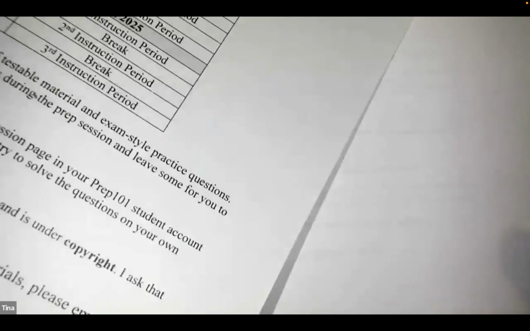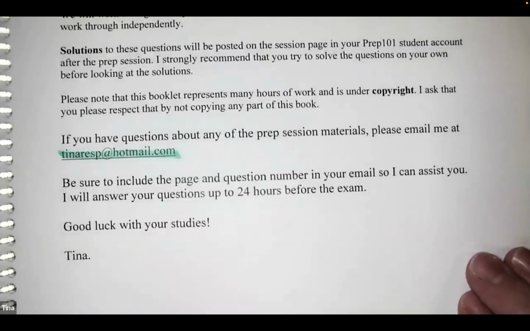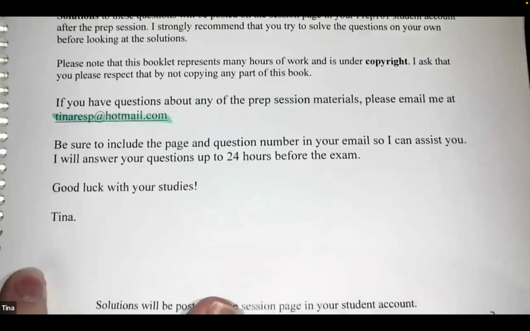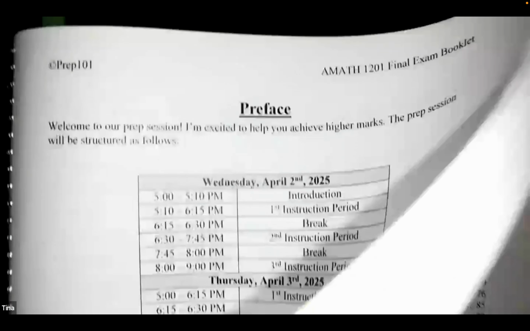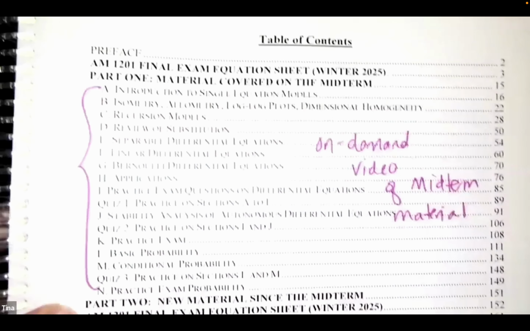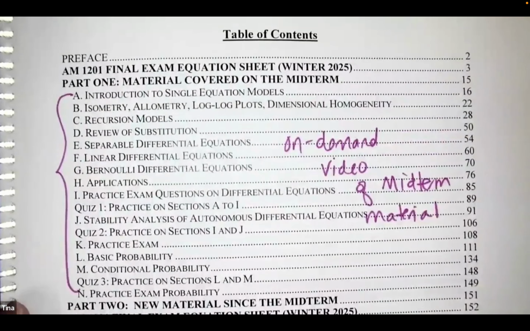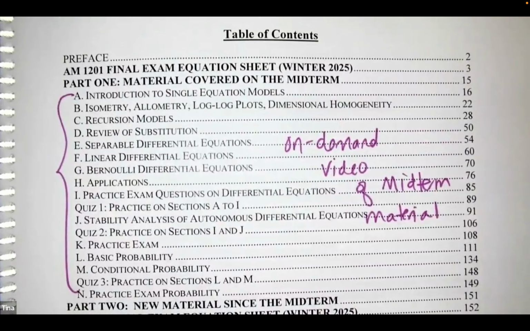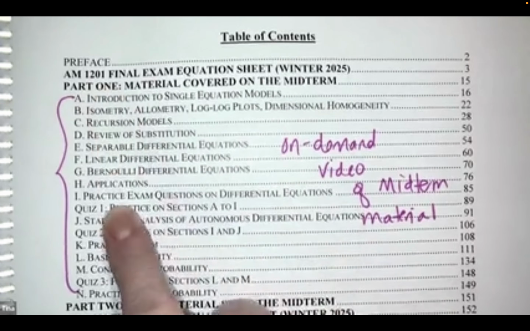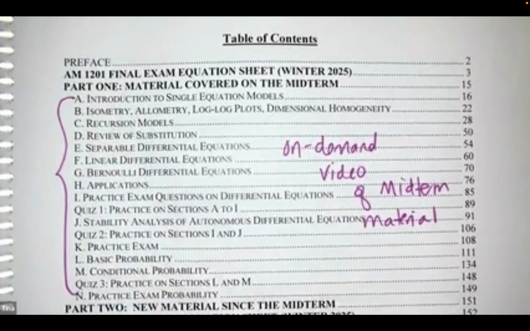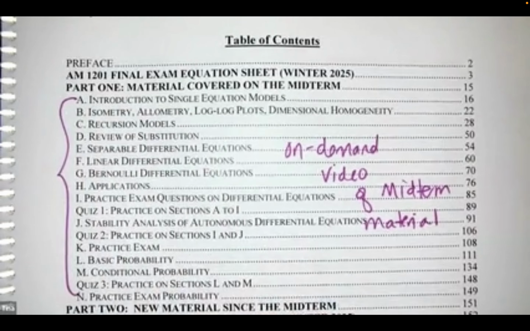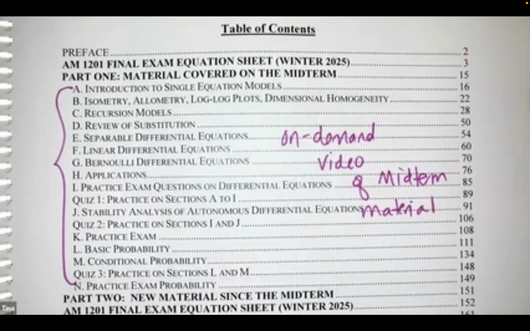Okay, so in terms of the table of contents, if you go back to page 1, then the on-demand video should already be in your account. Let me know if you have any trouble. It covers all the midterm material, from A all the way up to basic and conditional probability.